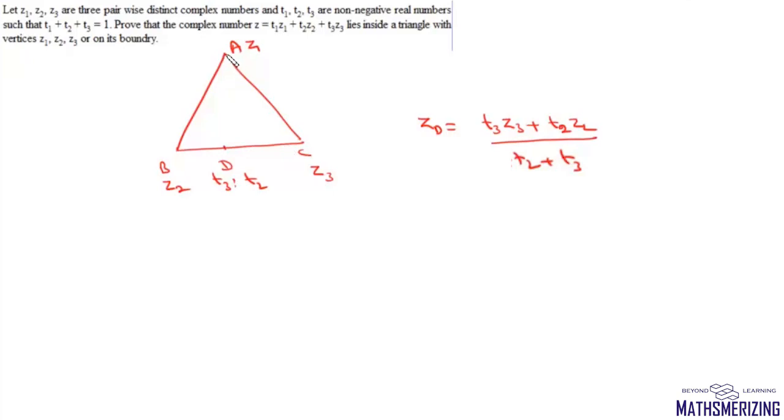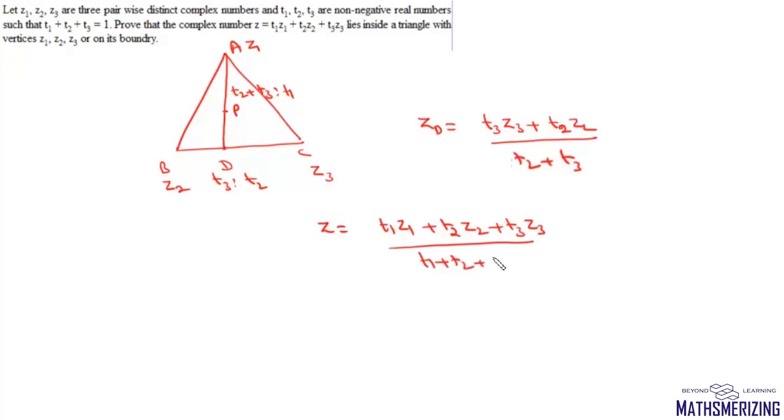Now we'll join A with D, and on AD we'll choose a point, say P, which divides AD in the ratio (T2 + T3):T1. Then the coordinate of this point, which is Z, is given by (T1·Z1 + T2·Z2 + T3·Z3) upon (T1 + T2 + T3).